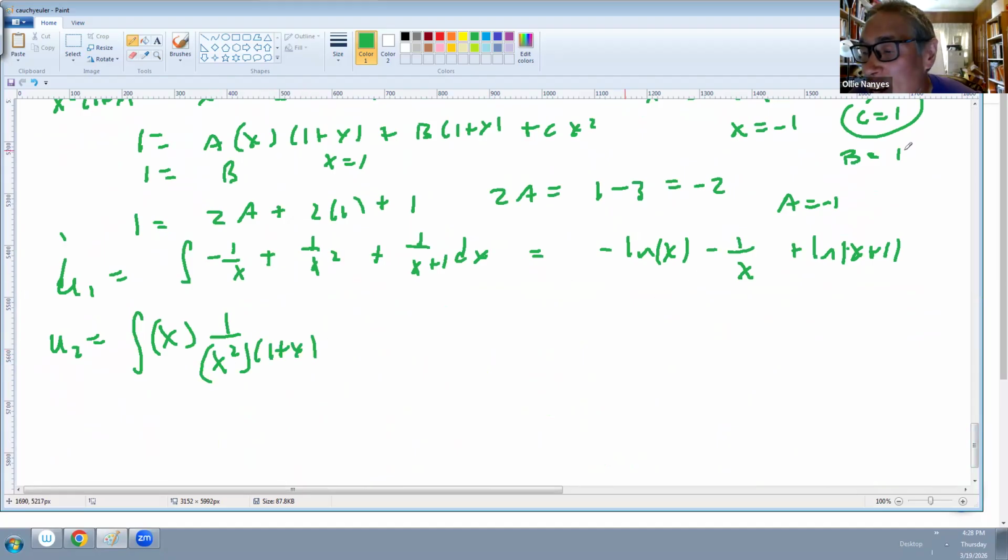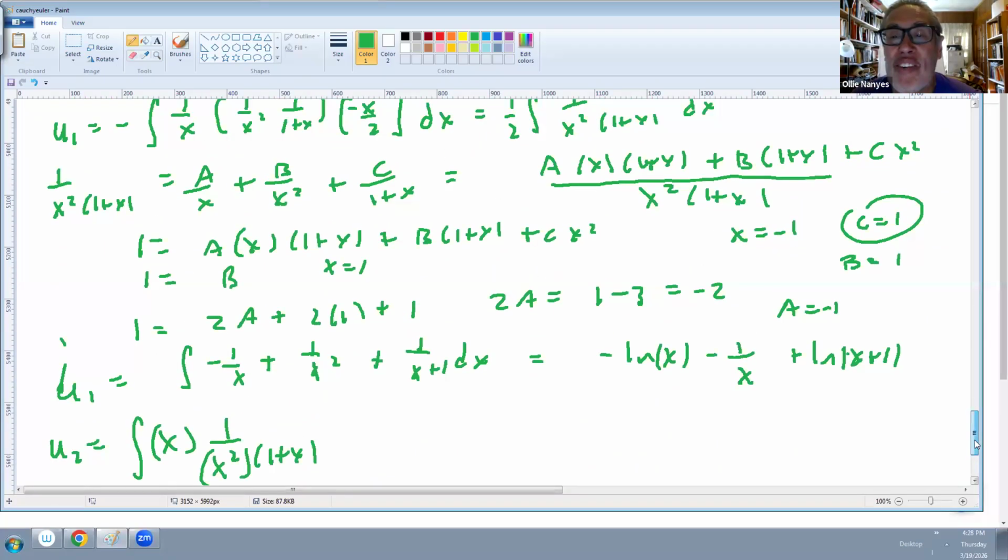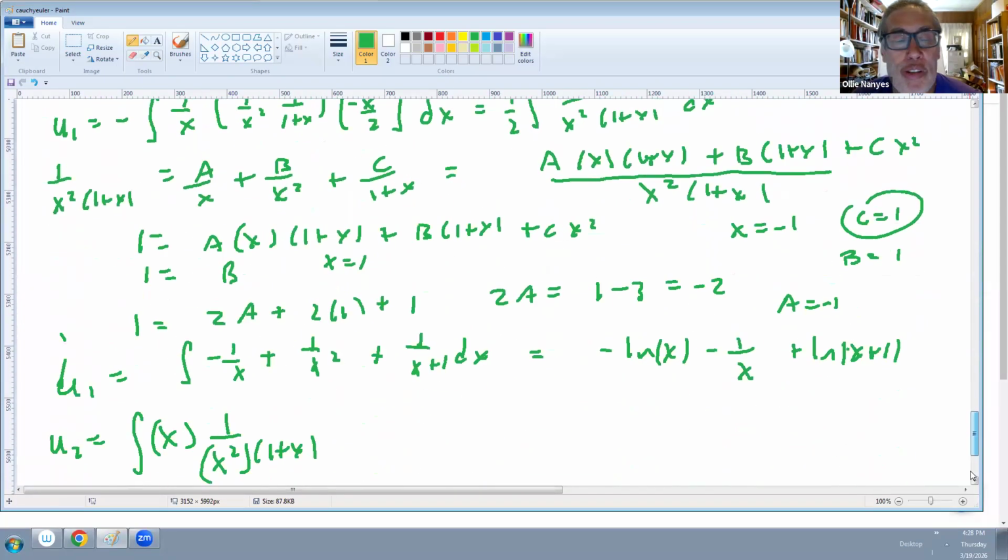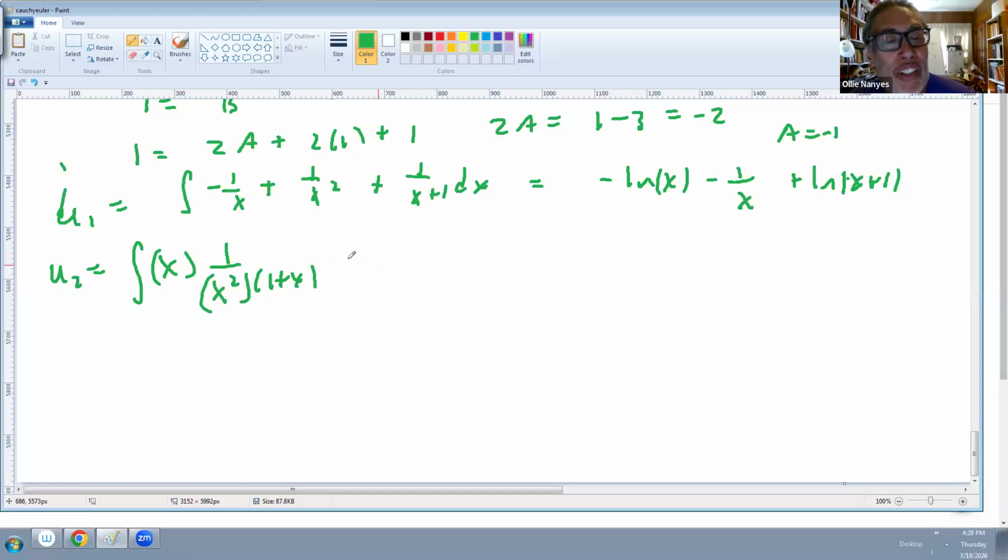And then remember 1 over the Wronskian. Your Wronskian was -2 over x, so it's going to be x over 2, minus. So it's going to be minus the integral of 1/2. And look at what happens to the x squared. That's canceled. So it's 1 over 1 plus x. That's easy.